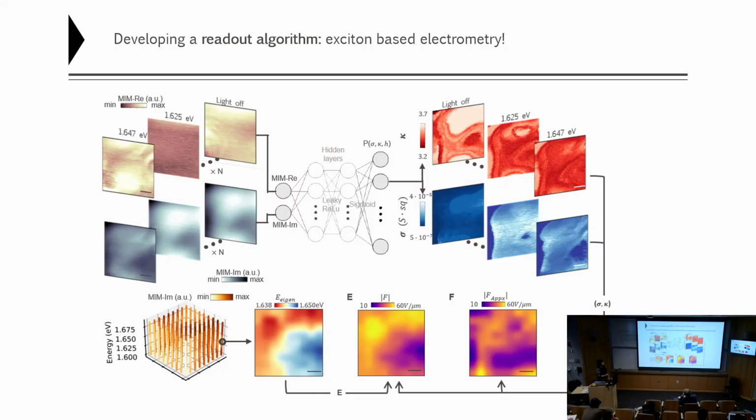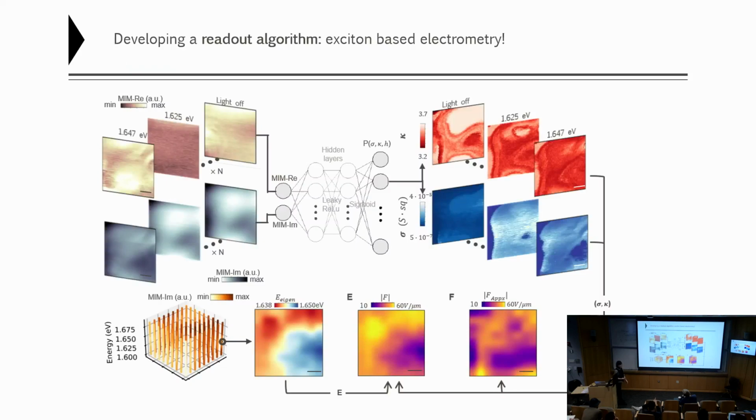And more than that, we can also compare the excitonic resonance energies of the A1S exciton, and then back out the electric field information. It turns out that the electric field measurement that we had was in very good agreement with what we can get from simulations and other methods. So essentially, we are operating this exciton as like a sensing center.